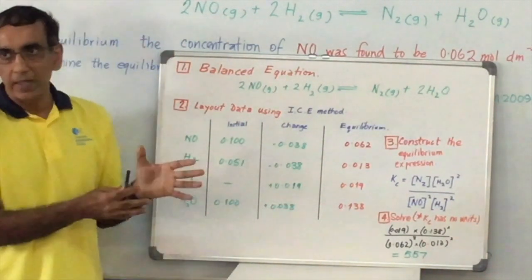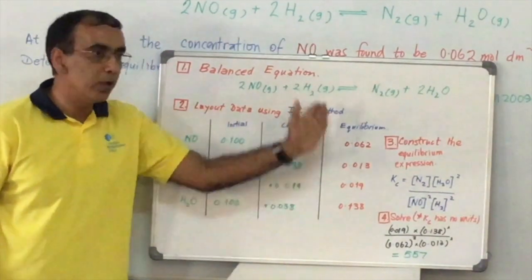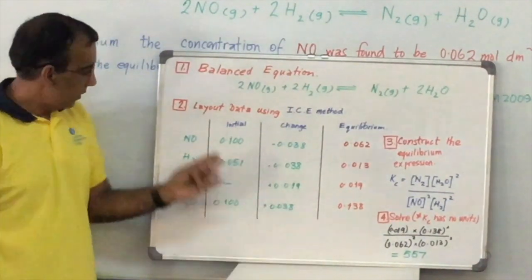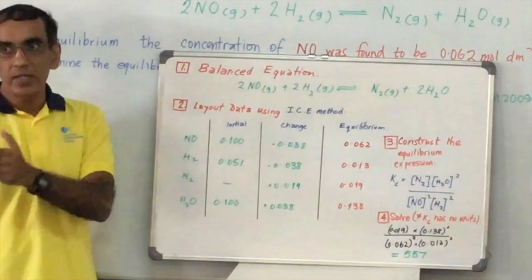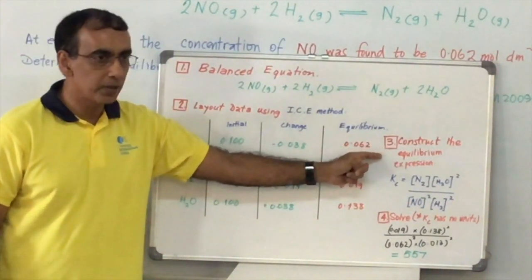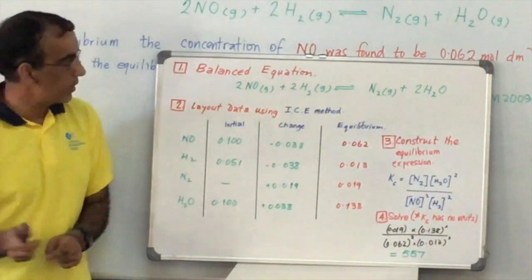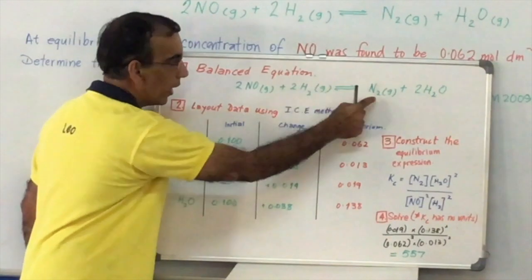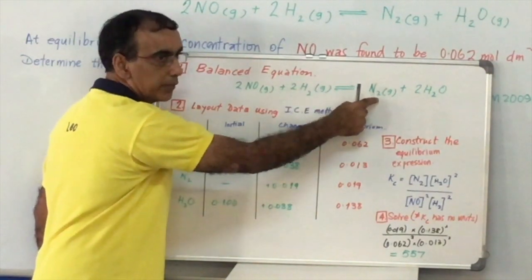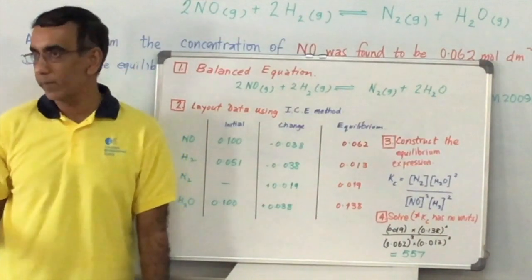So once you use the ICE method and you find all of the equilibrium concentrations, this is the second step. The third step now is to construct the equilibrium expression. In constructing the equilibrium expression, another common error is we see a 2 down here and we say this has to be raised to the power of 2. But why is something raised to the power of 2 or 3 or whatever?